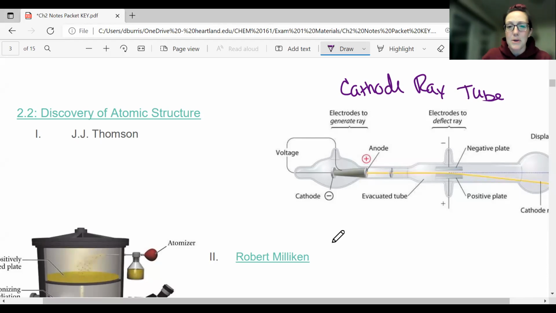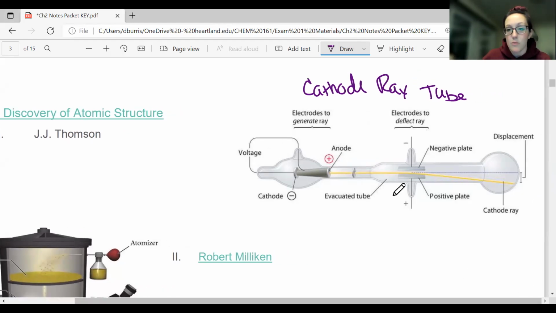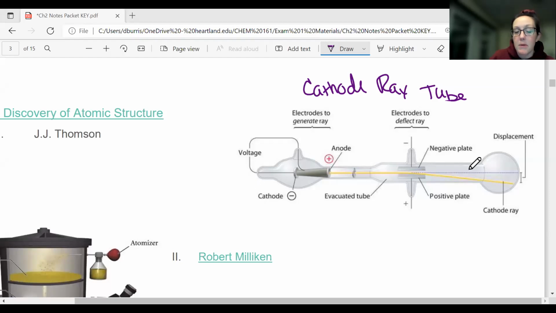Okay, and his was actually pretty simple. Essentially, he shot a cathode ray, a beam of what we now know are electrons, through this tube. And notice he's got a negative plate here and a positive plate. And you notice that it always bent or attracted toward the positive plate.